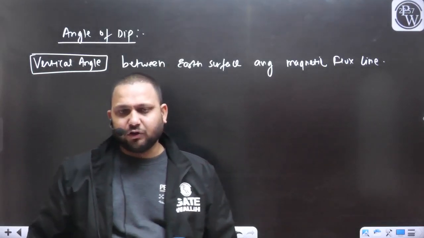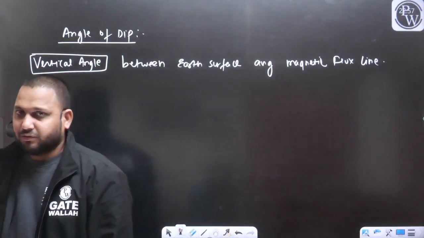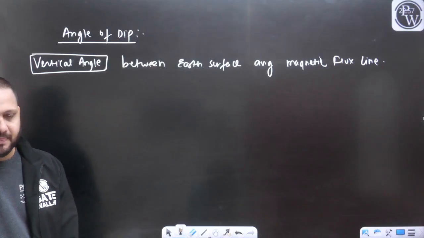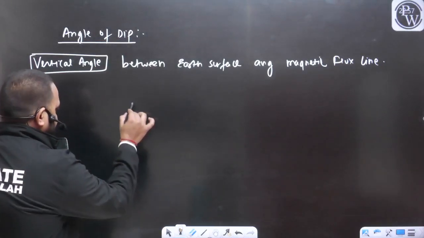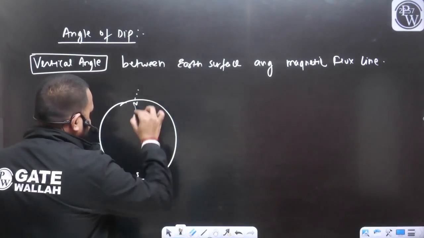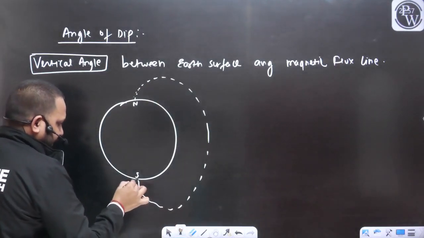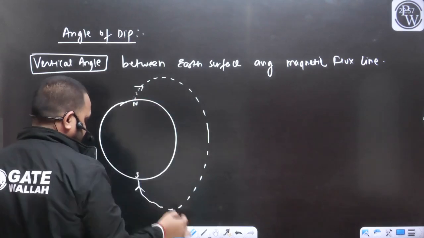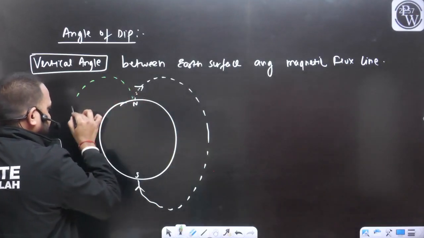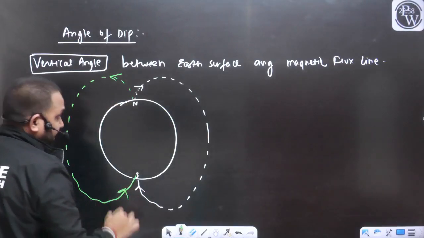In your 11th or 12th basic physics, you must have used a magnetic needle to locate the magnetic lines. Do you remember? All the lines originate from the north and terminate at the south. So these are the magnetic lines, or you can say the magnetic flux lines.